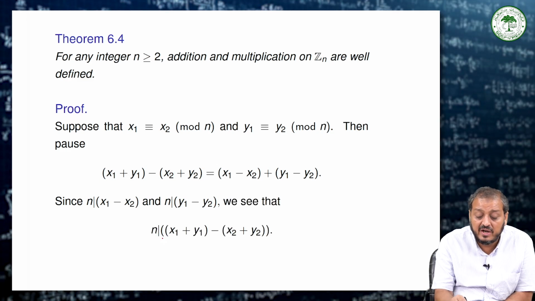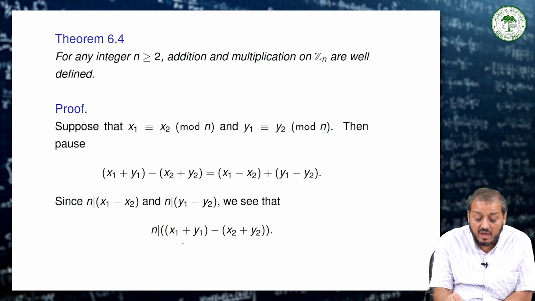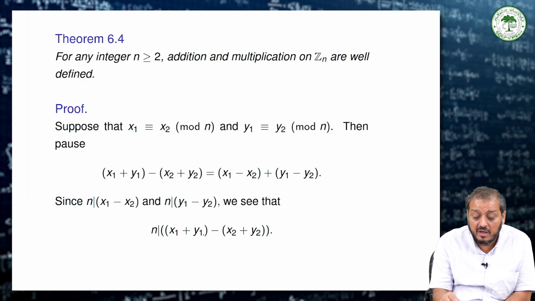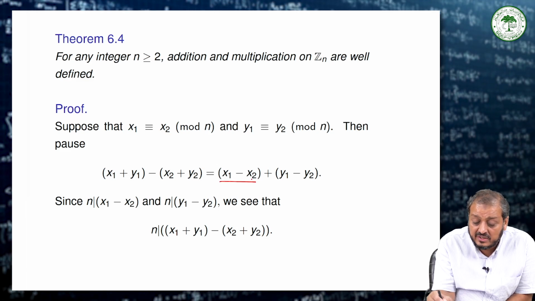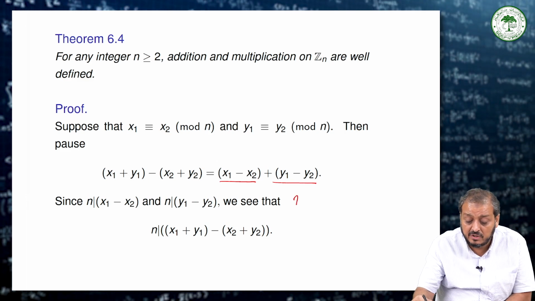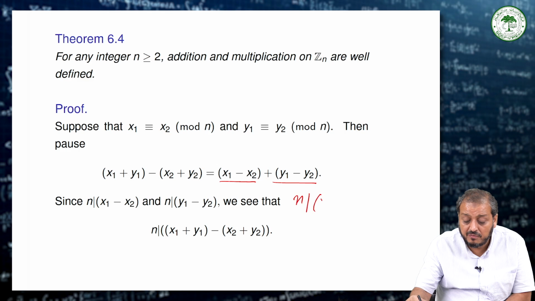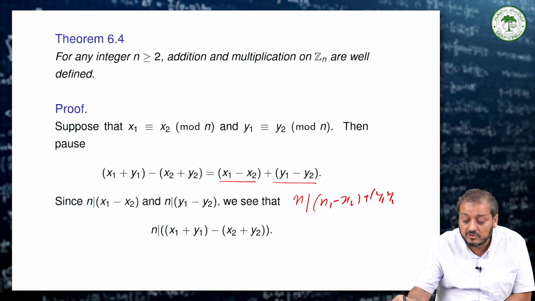So if n divides x1 minus x2 and n divides y1 minus y2, then clearly n divides the sum of x1 minus x2 plus y1 minus y2.